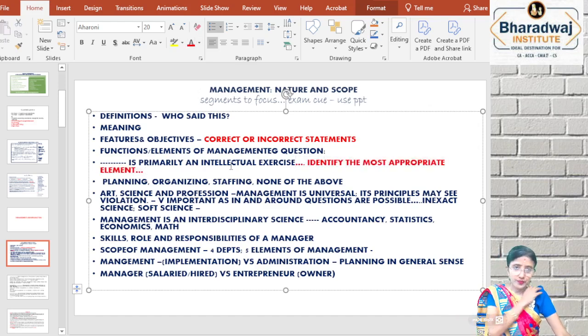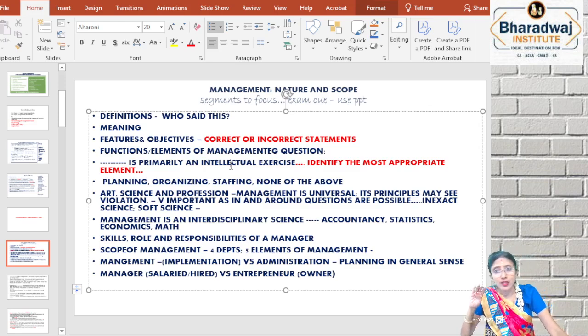They'll give you a particular statement, like, dash is primarily an intellectual exercise. Now, of the elements of management, which suits? I'm giving you the options here. Like this, they will ask you from elements. They'll give you a statement, and this statement fits which element? Planning. Okay, that is one model of question.